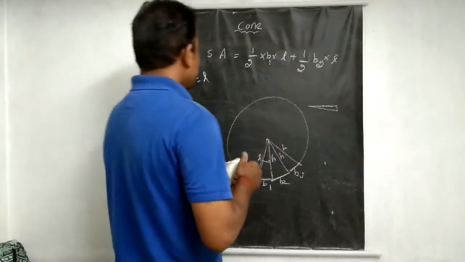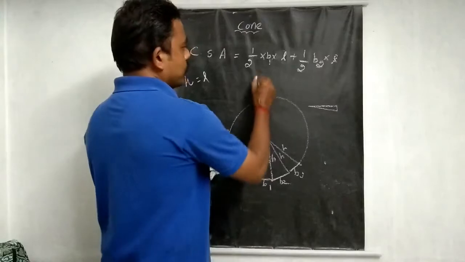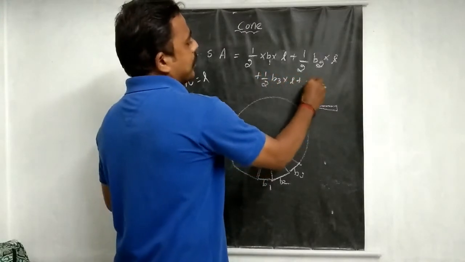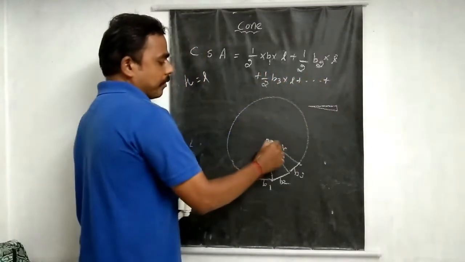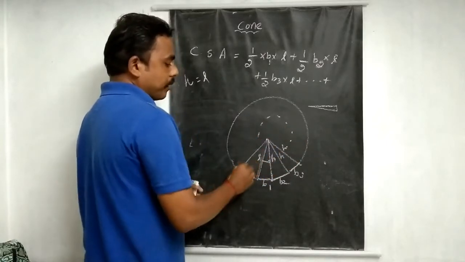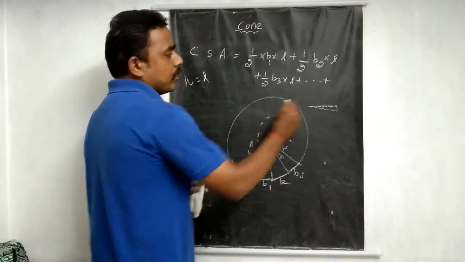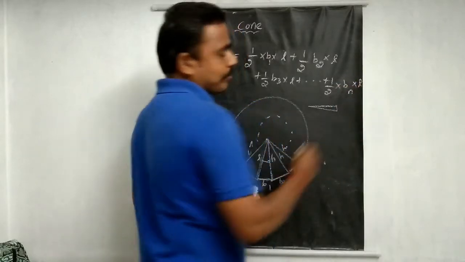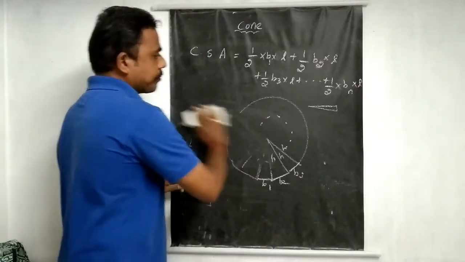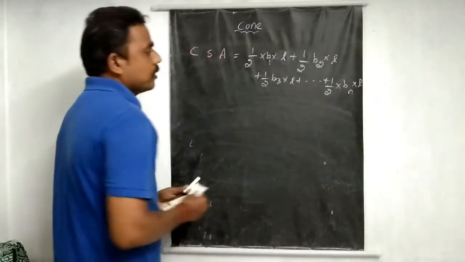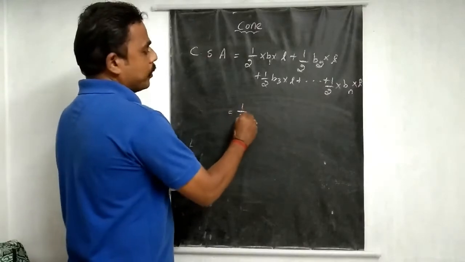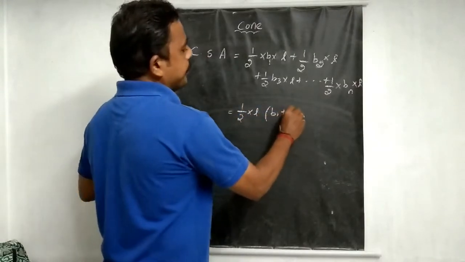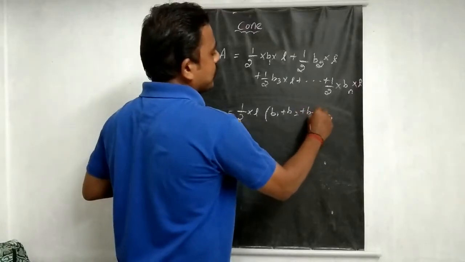So now just the third one: 1 by 2 base 3 into L, plus up to n number of triangles, like that, up to 1 by 2 base n into L. So equal to 1 by 2 into L into base 1 plus base 2 plus base 3 plus up to base n.